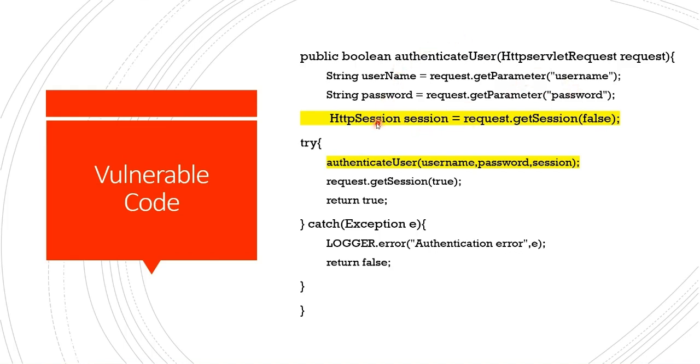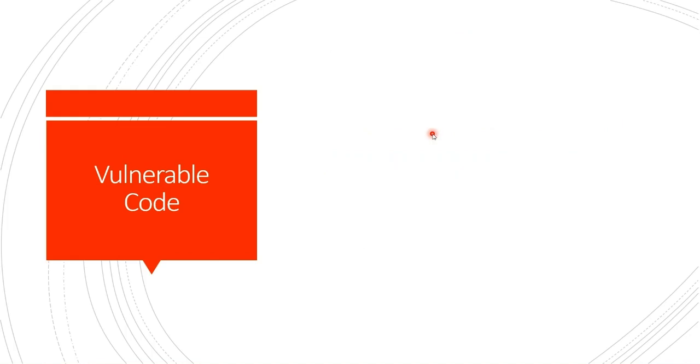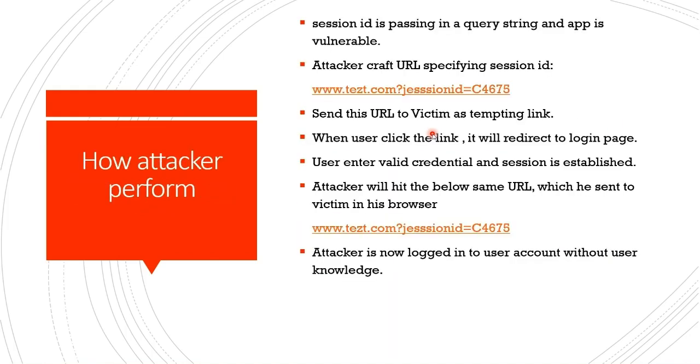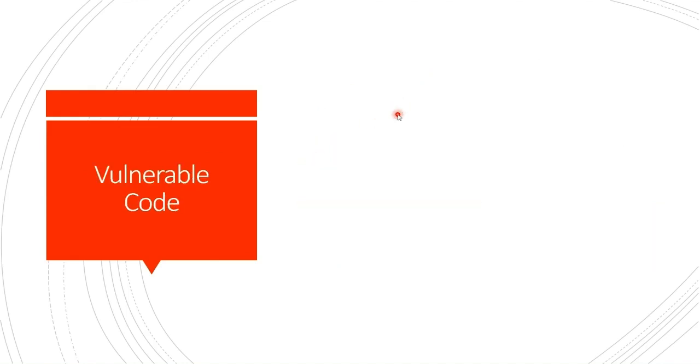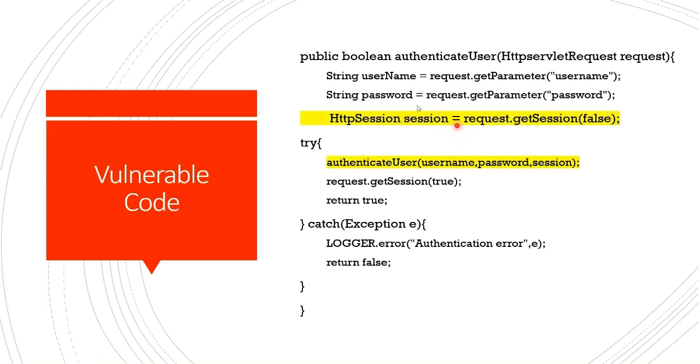Whatever session is coming in the request, you have seen the attacker sending something like http://test.com/login.jsp with a session ID. They are creating a session object, but using the same session. If you see this code, you will understand what is happening.